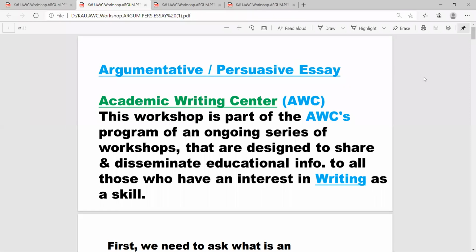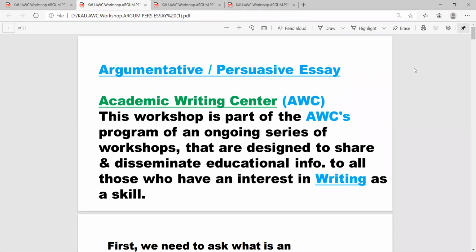Okay, let's begin with the workshop. As you know, this is an argumentative and persuasive workshop. Many people feel that there is no difference between argumentative and persuasive essays. Well, actually, there is a slight difference. It's not much. They are very similar.